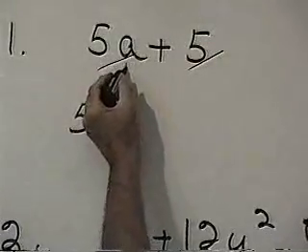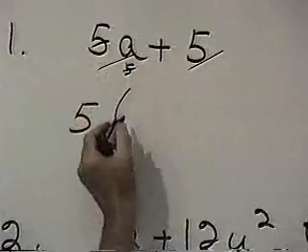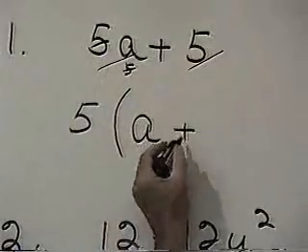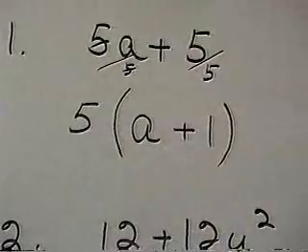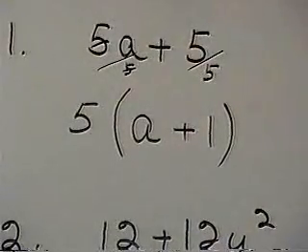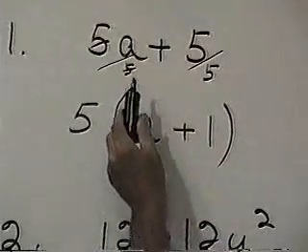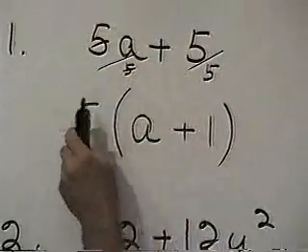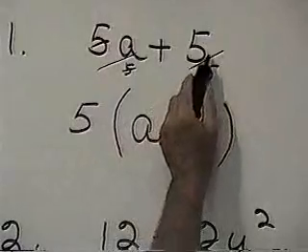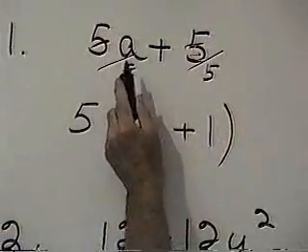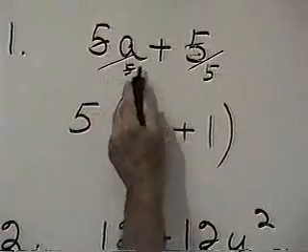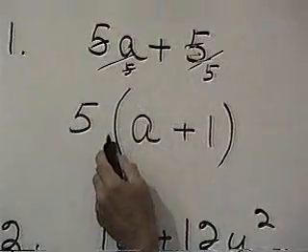If I divide 5 into this, what is left? It's a. If I divide 5 into this, how many times will it go? And it's 1. What most students will make a mistake on is they think they're going to take the 5 out in front, and when they do that, they don't leave anything over here. What you're doing is 2 things. Number 1, you're dividing it out of everything.